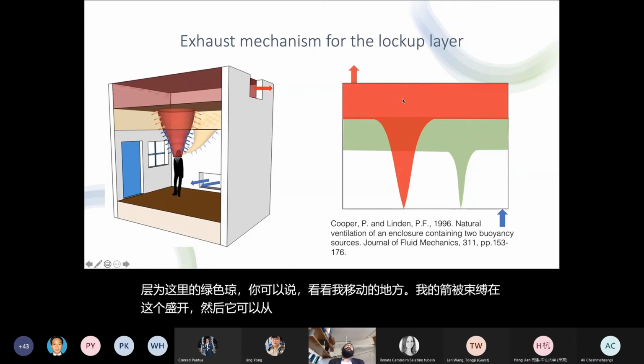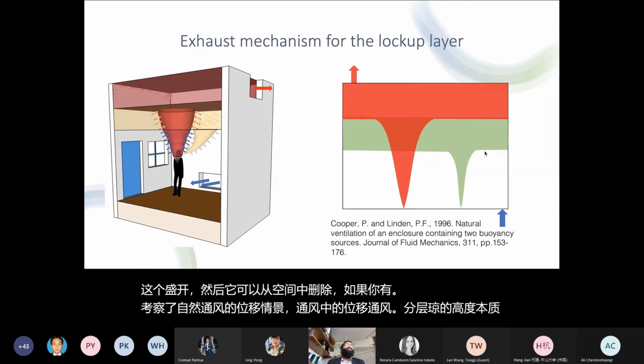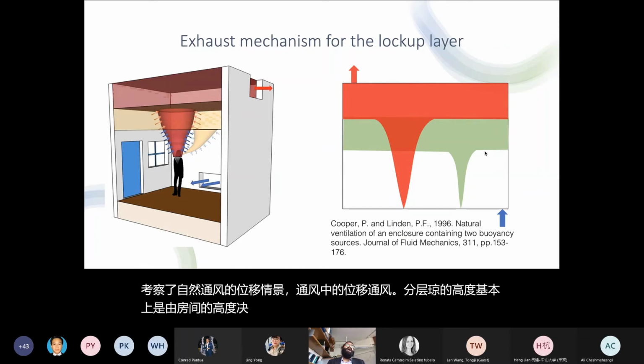And if you have looked into natural ventilation scenarios or displacement ventilation, in displacement ventilation the height of the stratified zone is essentially defined by the height of the room and the opening area.